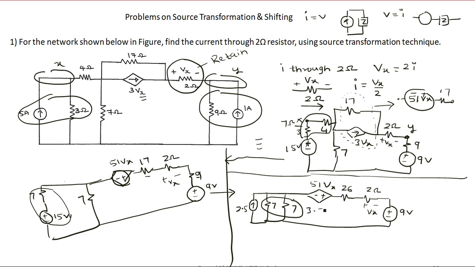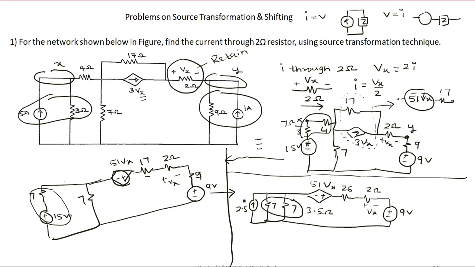So this will be 3.5. If you remember this principle, no need to again calculate. Okay, it is valid only for equal values, so not for other values.